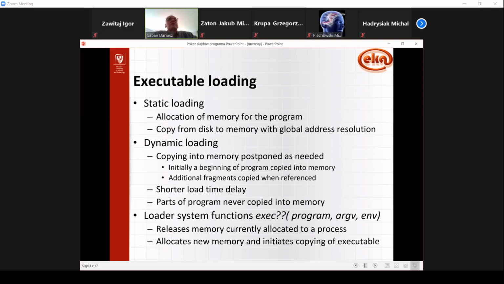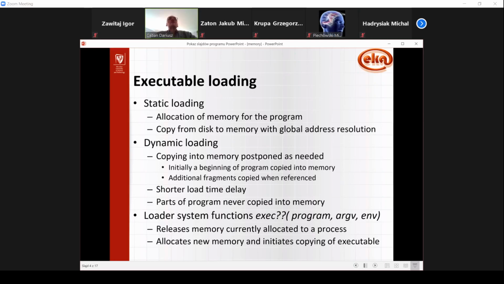Of course, there are problems with this. The executable file in this case needs to be available during all the time the program is running, whereas in static loading, once you load the program, you can even delete it and it will still be running in memory.